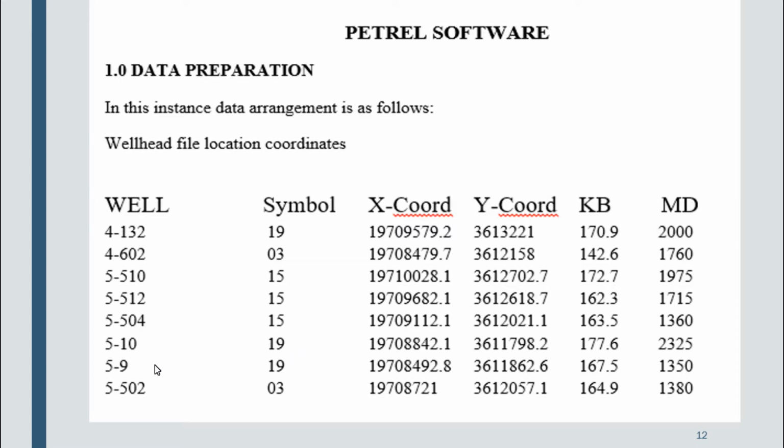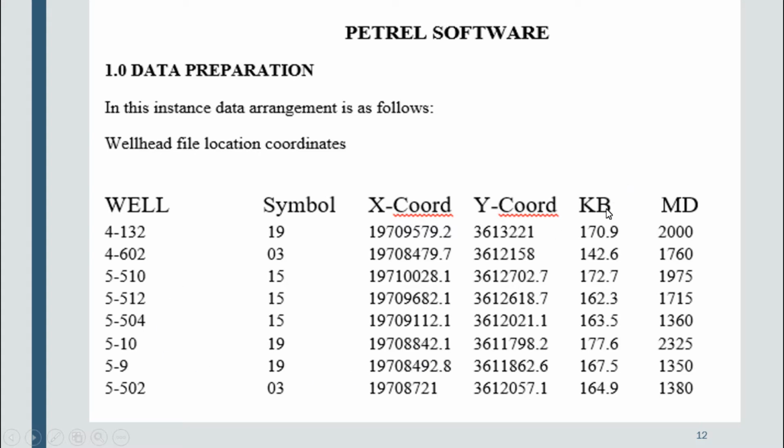Also when you come here, there is the X coordinate. This X coordinate stands for the location of a well. And the Y coordinate, we all know coordinates. These are the coordinates of the well. So well number 41, the first well, is situated at this coordinate with respect to all the wells.